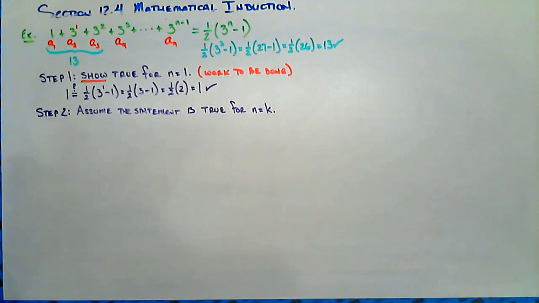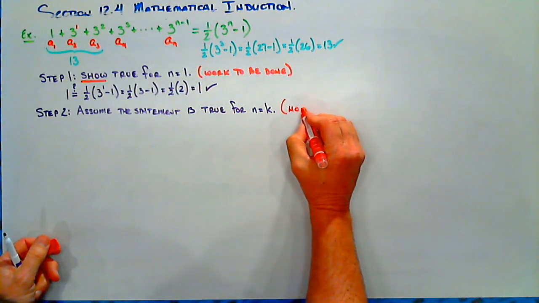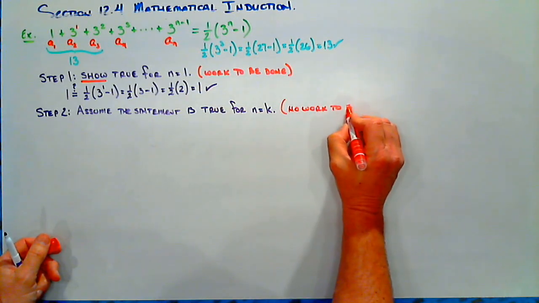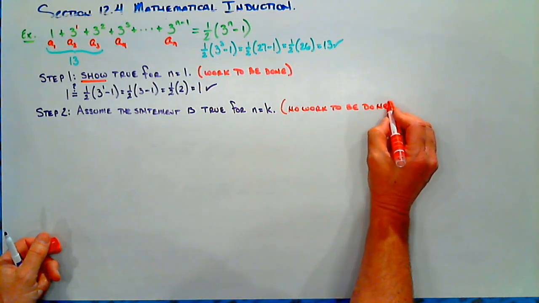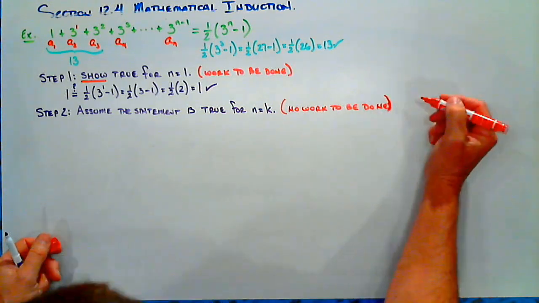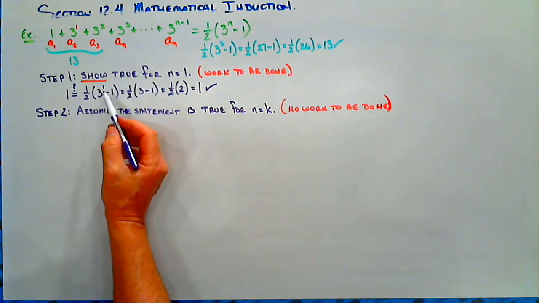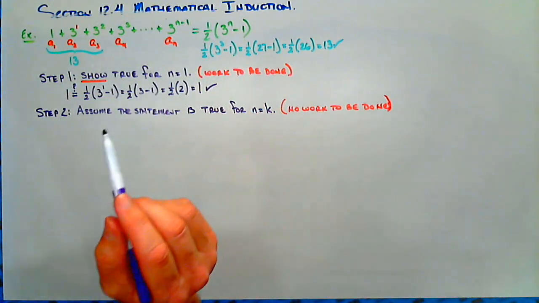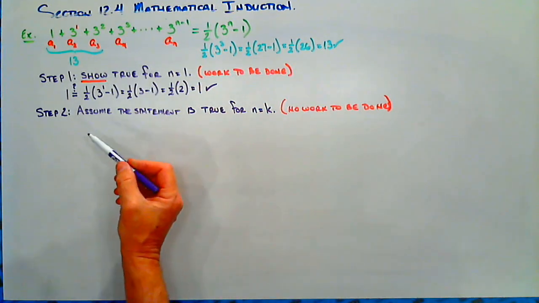Well, now remember, this is a no work to be done step, right? Assume is not an action word in the sense that we have to complete any work. We're just going to rewrite our green statement with k. We're going to assume it's true.